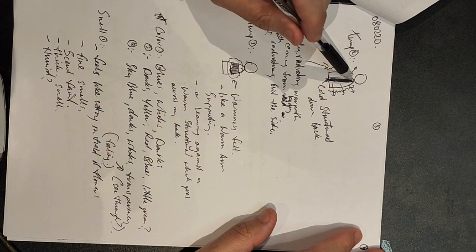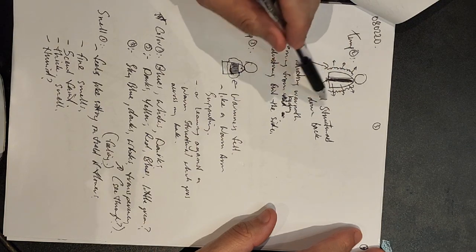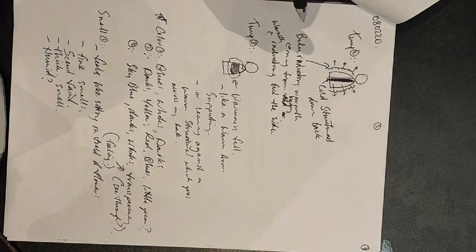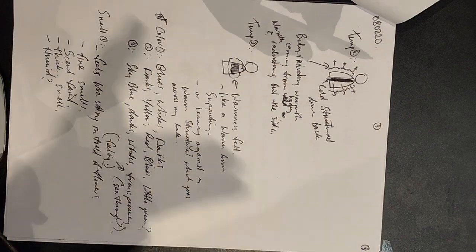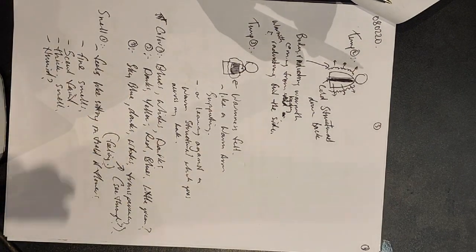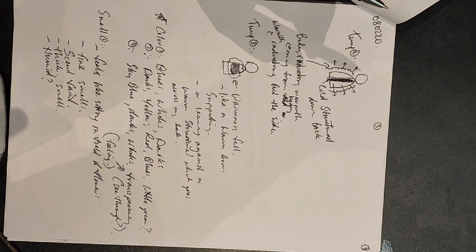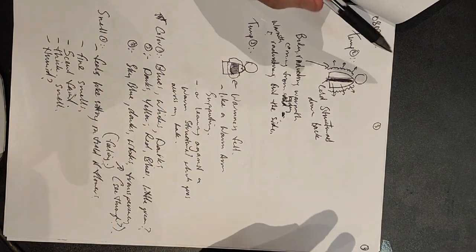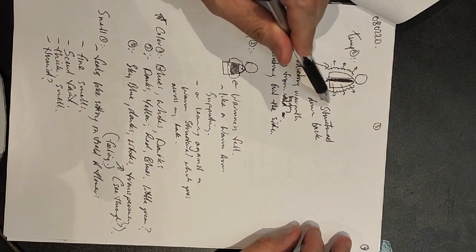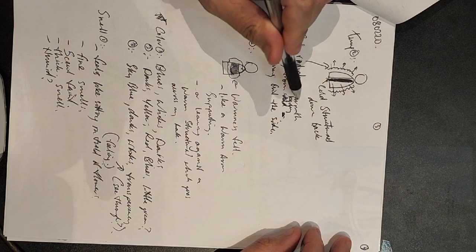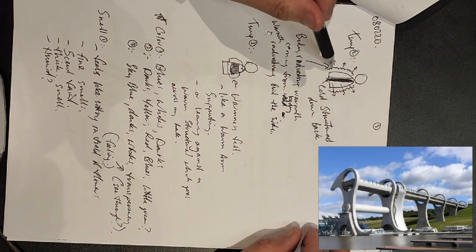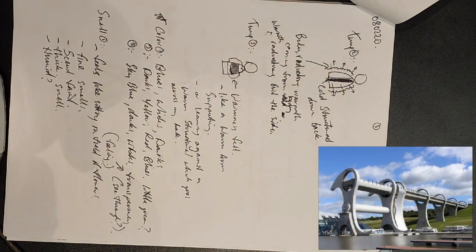Temp 2, so here, cold structured line down the back. It felt like a cold rigid structure was going down my back, a definite sense of a line down my back. Body radiating warmth. So I was feeling warm. Why? I do not know.